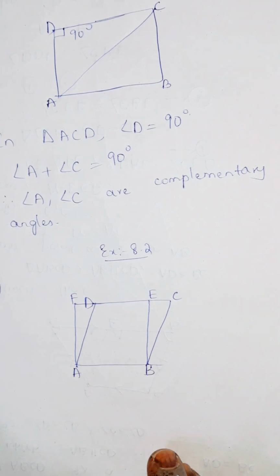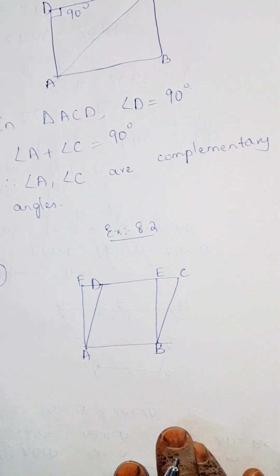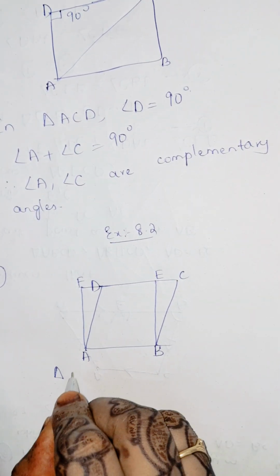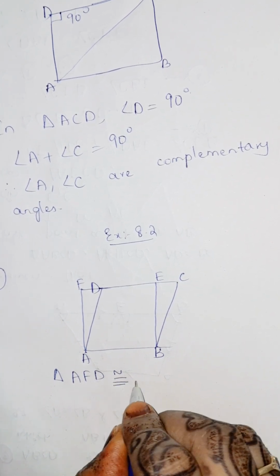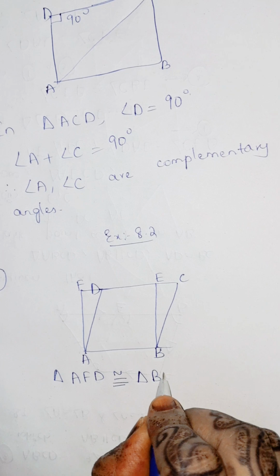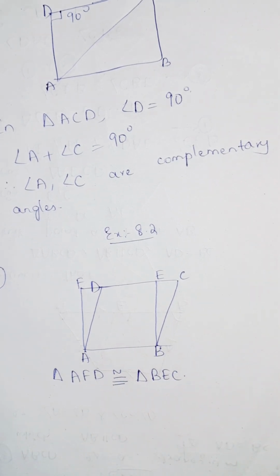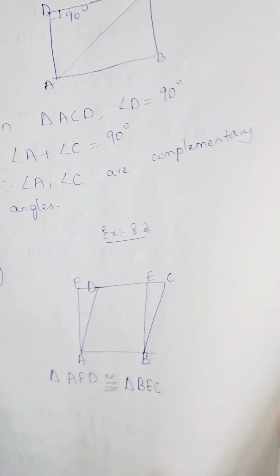Okay. Show that triangle AFD is equal to triangle BEC. This we need to show. Okay. Let us do it. Right. So here, first we'll write the given things.